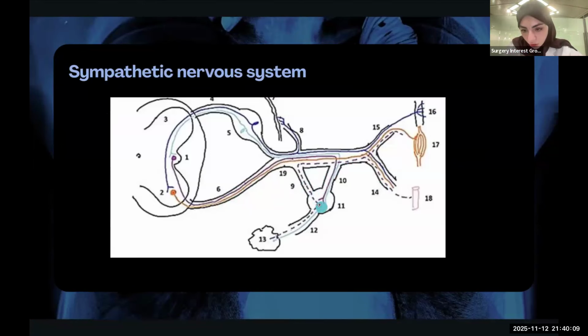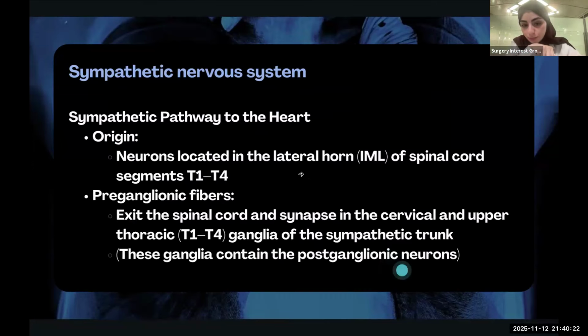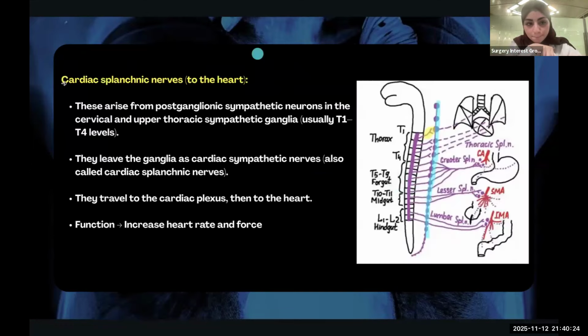Recall how I told you some of them will synapse and go back through the gray rami communicants, and then they're going to go through the dorsal and ventral rami. Yes, you want to innervate the sweat glands. Now, I've told you about the cardiac splanchnic nerves and that they're post-synaptic. The post-synaptic fibers, what do we call them? They're the cardiac splanchnic nerves.